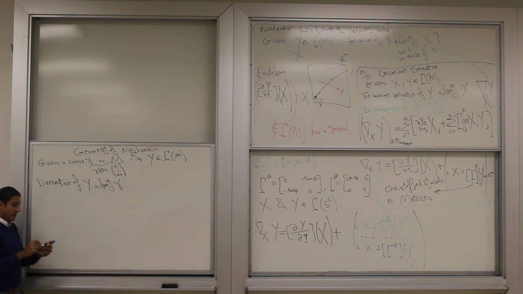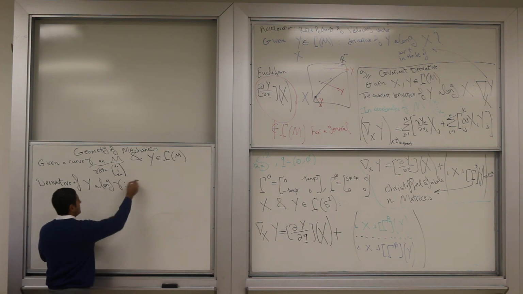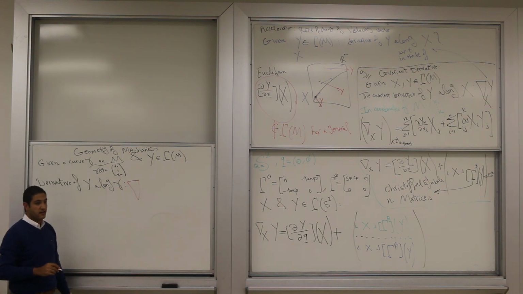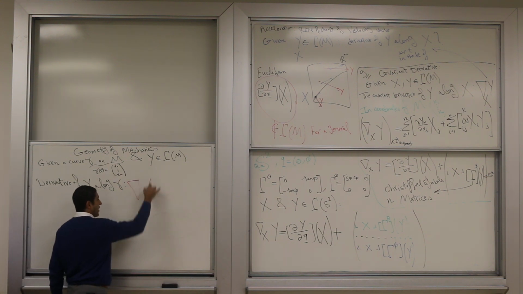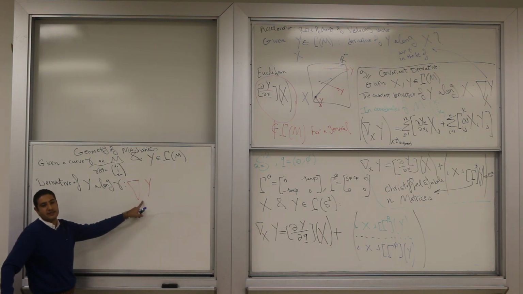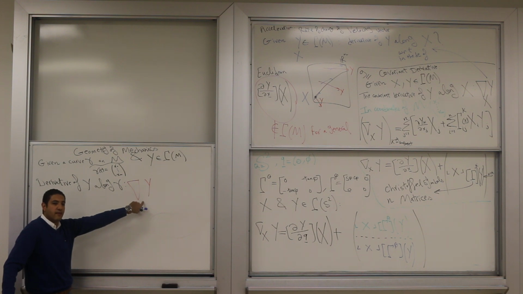What's that? Can you give me a symbol for that? Nabla. Let's start with nabla. Then it needs two things here. The gamma on the bottom and the y on top. Very good. I'm differentiating y, so I have to put y here. What should we put here? Gamma. Do you agree with gamma?